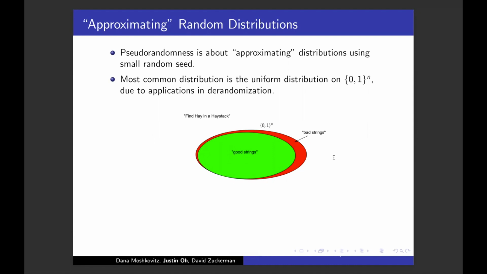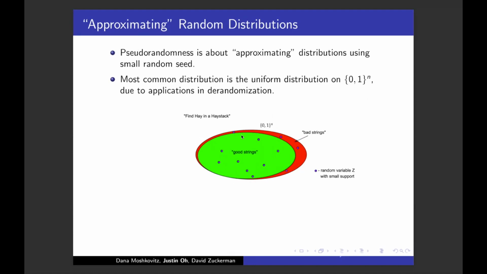What this means is that oftentimes in computer science applications, you have your space of 0, 1 to the n, n-bit strings, and there's an overwhelmingly large fraction of these strings that are good, meaning that, say, your algorithm outputs the correct answer on an overwhelmingly large fraction of the random strings that it can take as input.